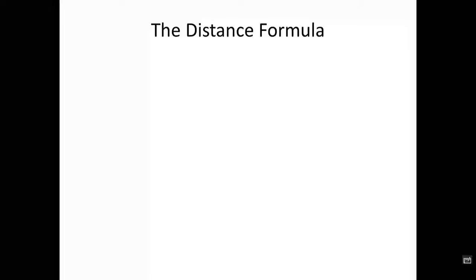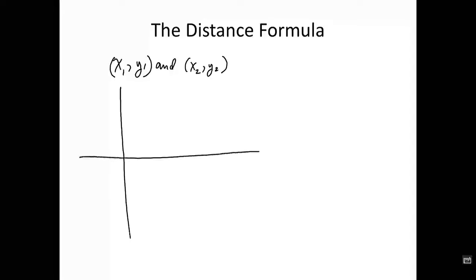So let's say we have 2 points, x1, y1 and x2, y2. And we want to determine the distance between these 2 points. All right, let's see how to do that.